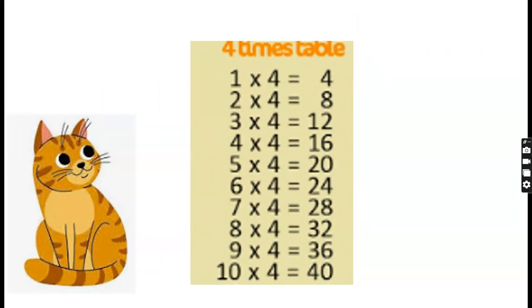Let's revise with each other this 4 times table. Are you ready? I'm going to mention the factors and you will mention the product. Are you ready? 1 times 4 is, you should say 4. Okay, let's start. 1 times 4 is, 2 times 4 is, 3 times 4 is, 4 times 4 is, 5 times 4 is, good job. 6 times 4 is what?